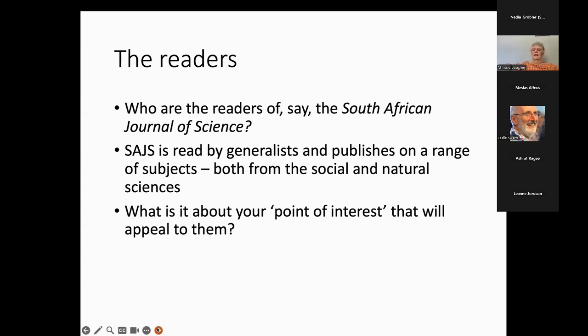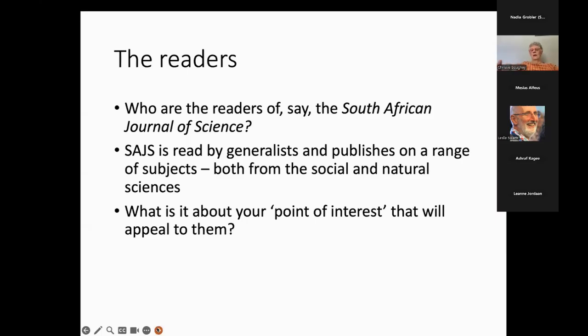Now, in that title, South African Journal of Science, the term science is understood very broadly, and it can encompass the social sciences as well as the natural sciences. Okay, so my field of interest is the social sciences. I do work on higher education, on universities, on teaching and learning in universities.